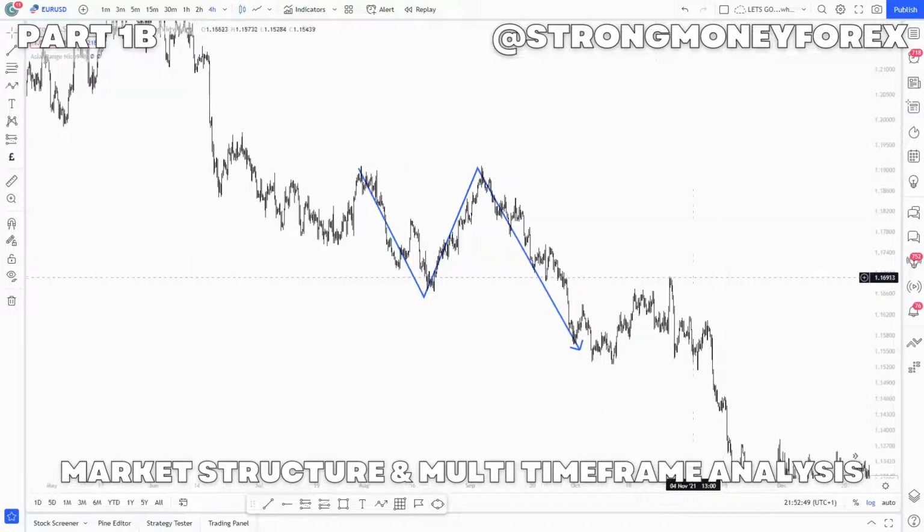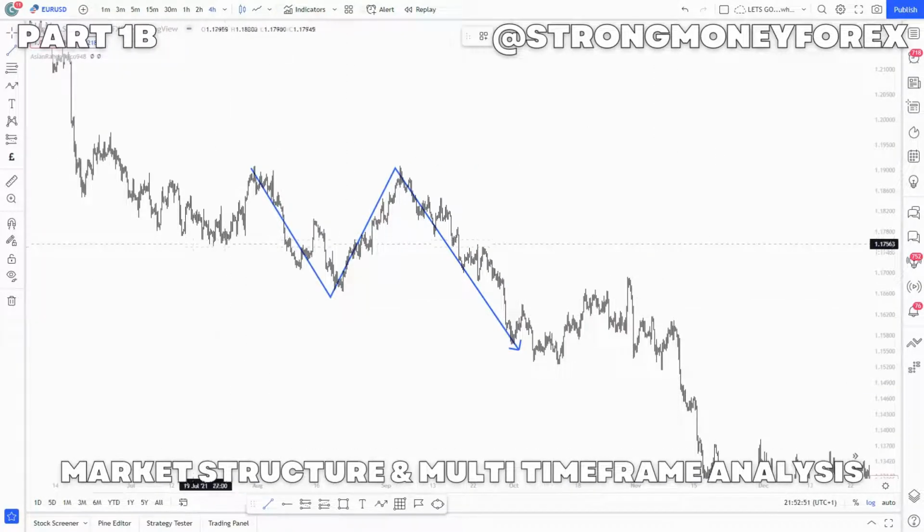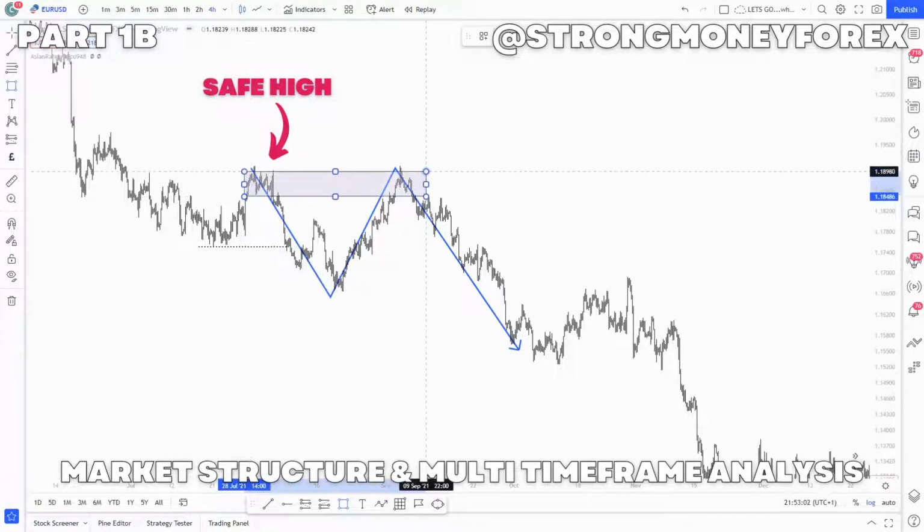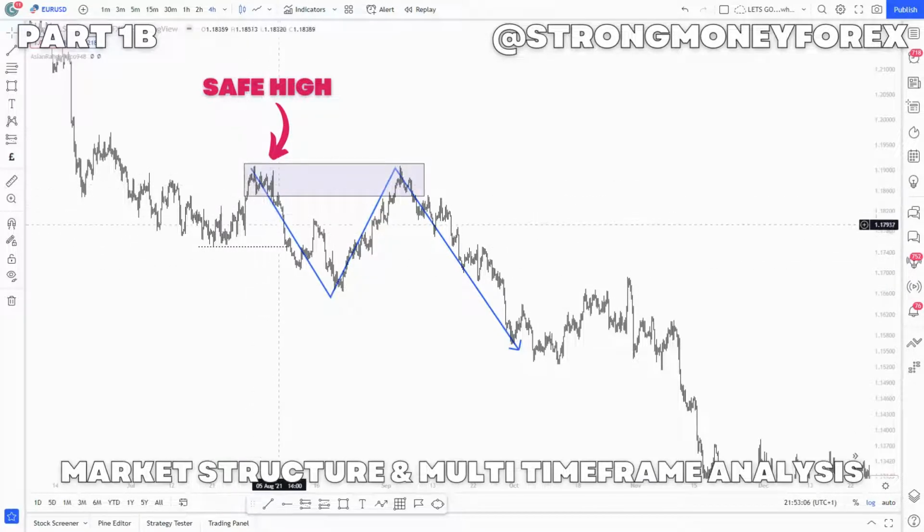When price moved down and broke this structure here, we created what I call a safe high. This zone here is now a safe high because the market has had enough power to break these lows and take out these liquidity points.